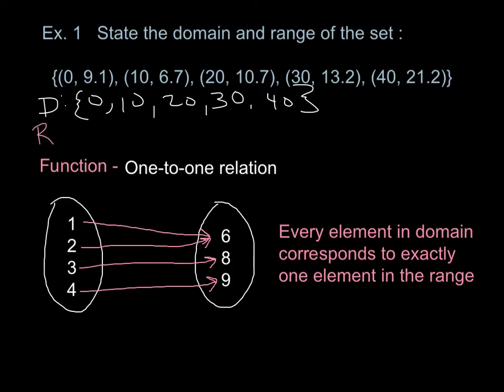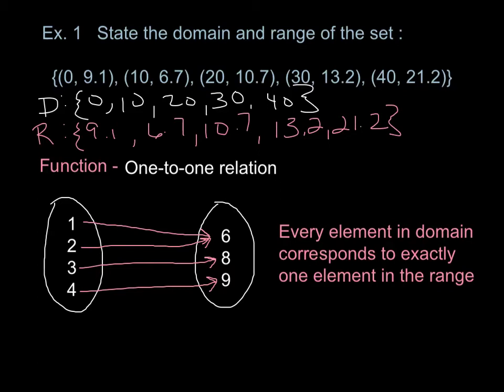The range is comprised of the second component, 9.1, 6.7, 10.7, 13.2, and 21.2. Okay? So those are the elements that make up the domain and range of this particular set of ordered pairs.